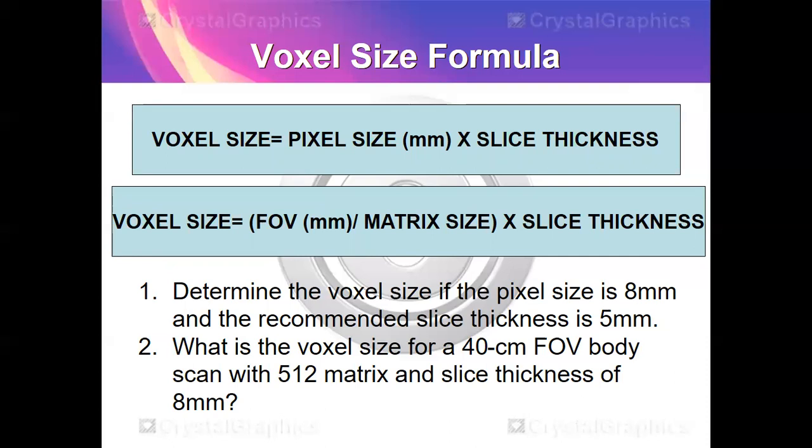If may given na pixel size, we're going to use the formula na nasa taas: voxel size equals pixel size times slice thickness. Pero pag hindi given yung pixel size, instead given is FOV and matrix size, we can use the second formula. So additional assignment will be numbers 1 and 2 for voxel size. Okay? You can pause this video para ma-screenshot or ma-copy nyo yung question.